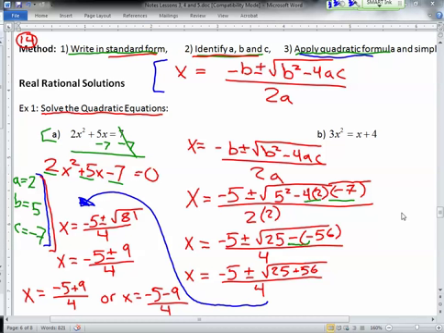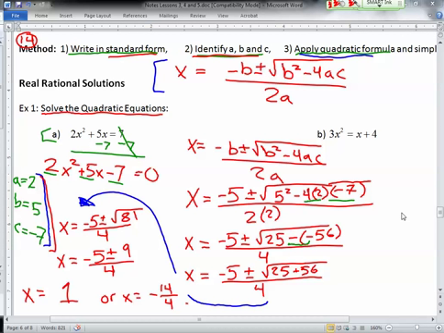And now I'm totally out of room, so I'll just erase these and solve these real quick. -5 plus 9 is going to be a positive 4. A positive 4 divided by 4 will be a 1. So I get x equals 1. -5 minus 9 is going to be -14. -14 divided by 4 looks like this.